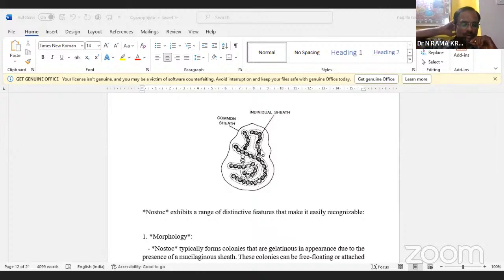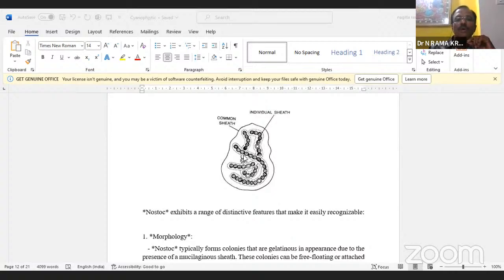Each filament consists of rounded or oval blue-green cells arranged to resemble a chain of beads.